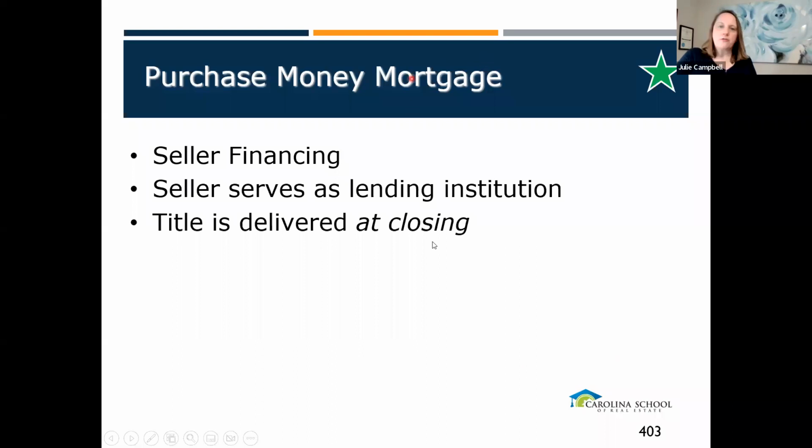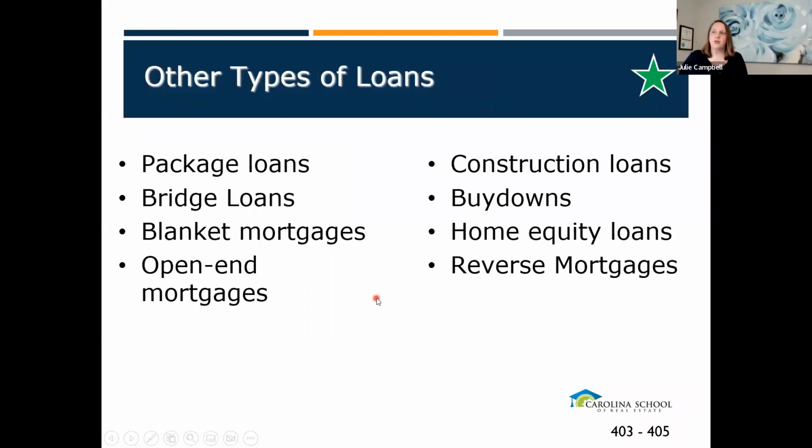And then on page 403, we have other types of loans, even less of a basic understanding, like very, very basic understanding. A package loan combines real property and personal property. You're packaging them together.